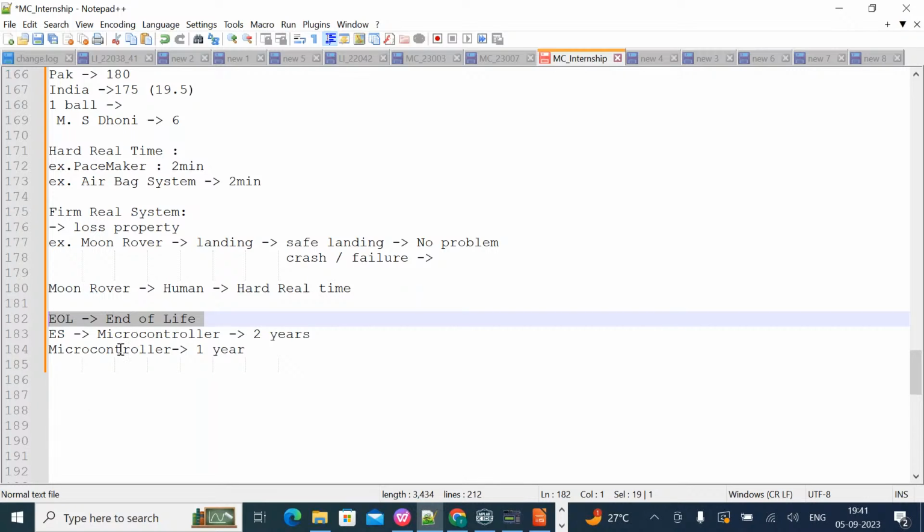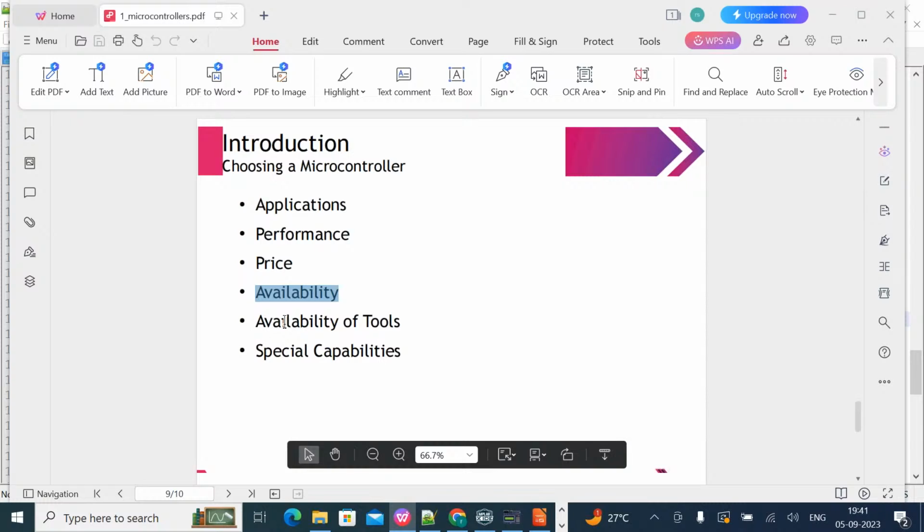Again chaos. So better to check the end of life properly. In simple terms, you have to check whether the microcontroller is going to be available during your entire production. If it is available, choose that. Otherwise, go with another one.